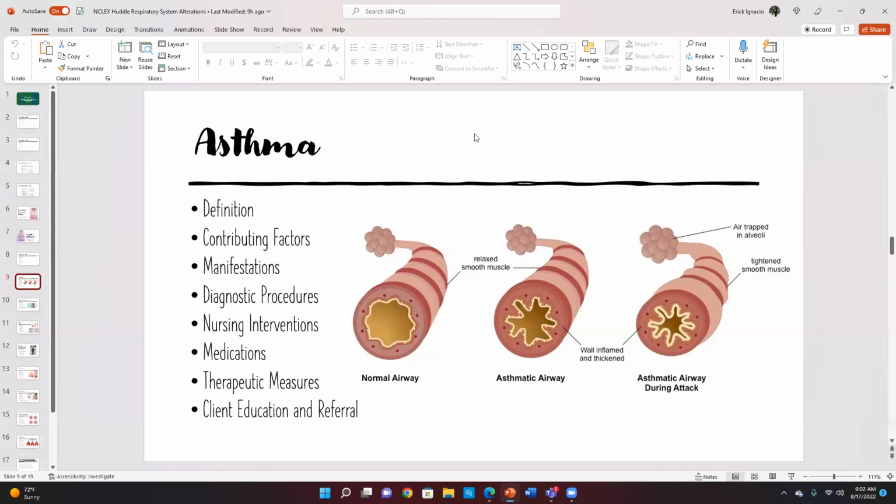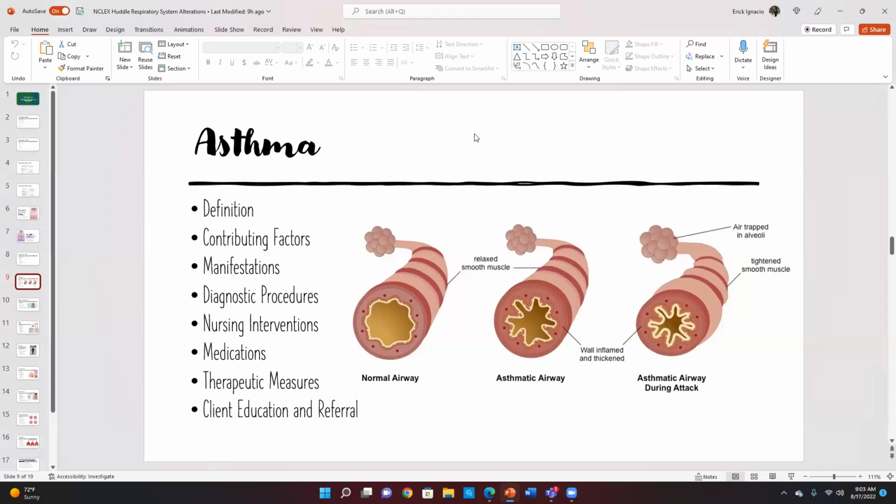They may have diaphoresis and anxiety, wheezing, gasping, coughing, cyanosis, which is a late sign of asthma, and the patient may also have a barrel chest. So diagnostic procedures for this patient with asthma can be your ABGs, sputum cultures, pulmonary function tests.